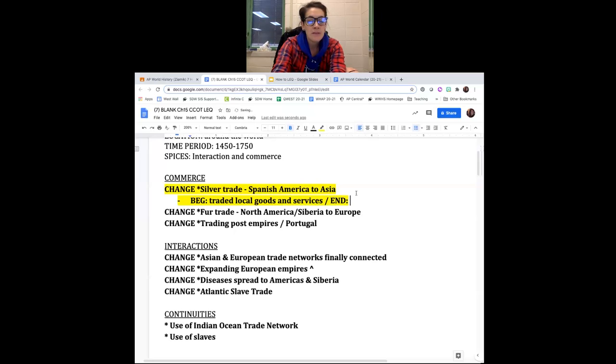And then by the end of this time period, you are going to see this global push for silver, or that silver is going to be our global monetary use. So the global use of silver. So again, this is one of my changes.